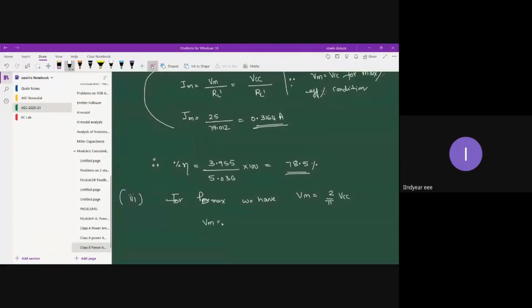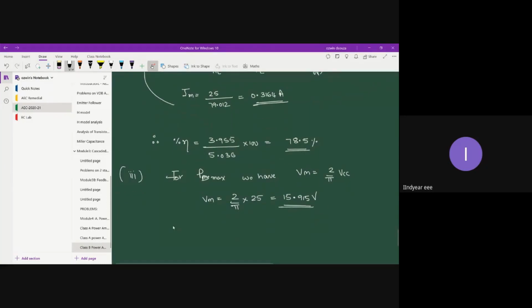That's 2 by pi into 25. So basically it is 50 divided by pi. That's 15.915 volts. So that's your Vm.